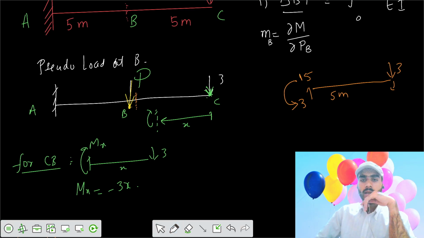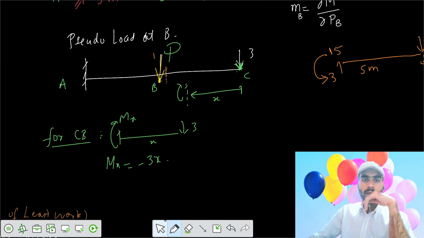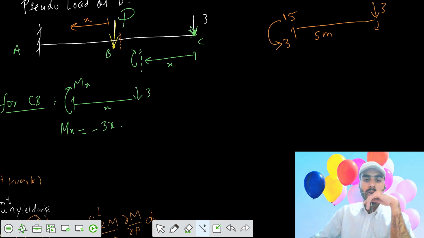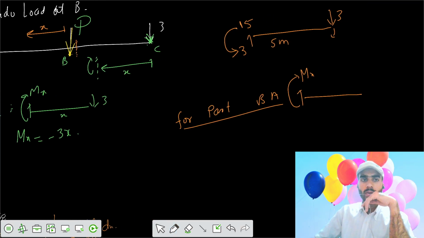that point B. So if you take the x from here, for part or section BA, you need to show the loadings at any x. So this is your loading at any x. Here some shear force V and moment Mx. So here you have to show the load also, that pseudo load also.